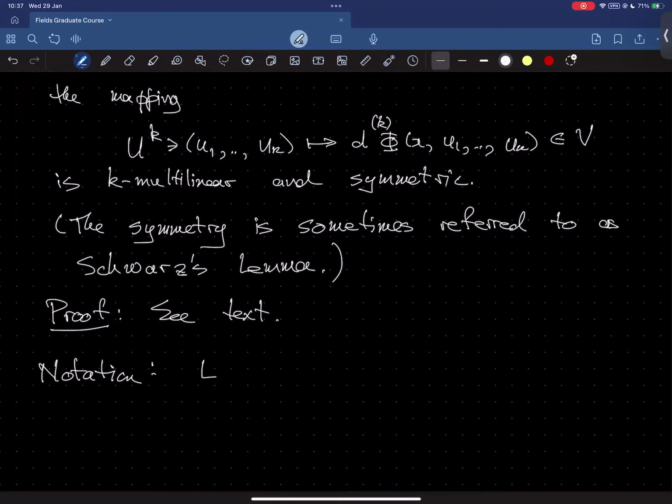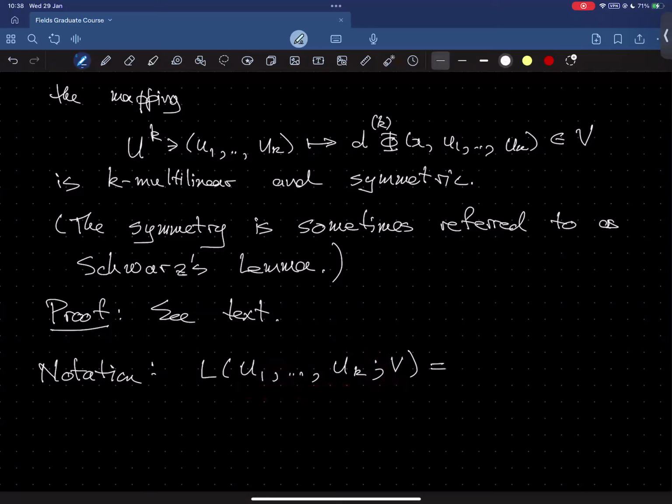So L of U1 to Uk, with commas and then a semicolon. These ones represent the domain, and this one represents the codomain.